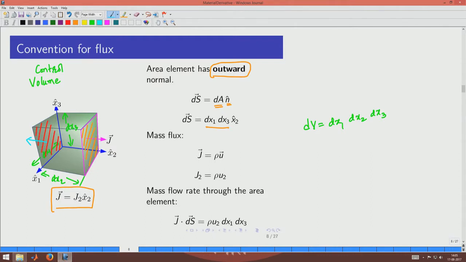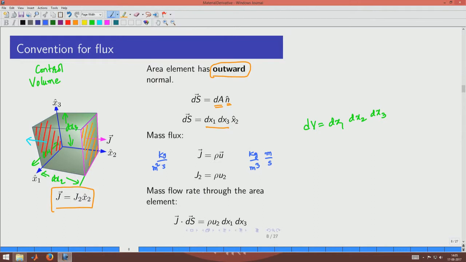Now, the mass flux is defined as density times the velocity. So, you could see here density, you have kg per meter cube and the velocity meter per second, and here the flux is kg per meter square second.